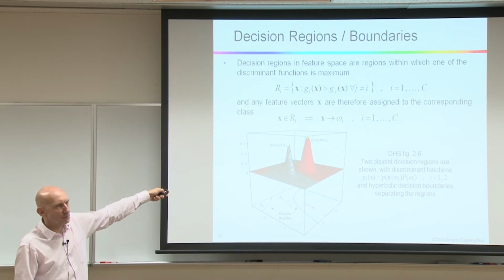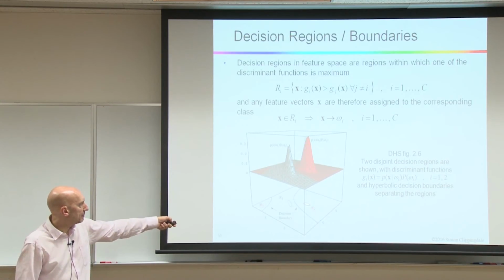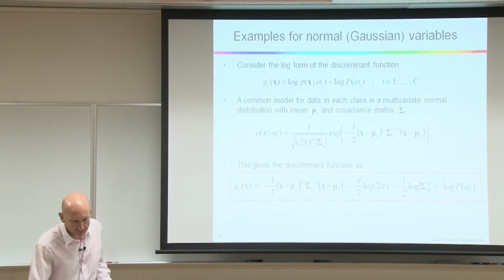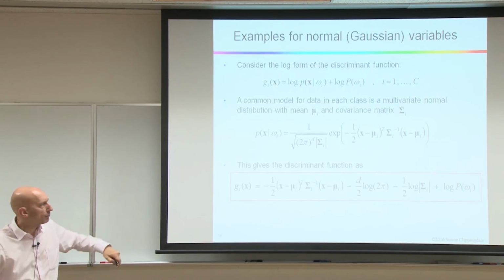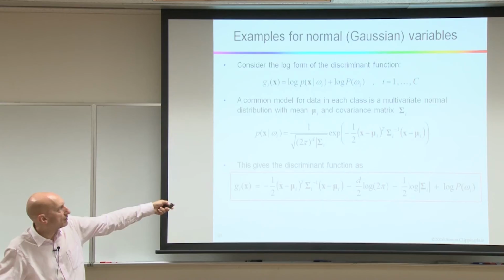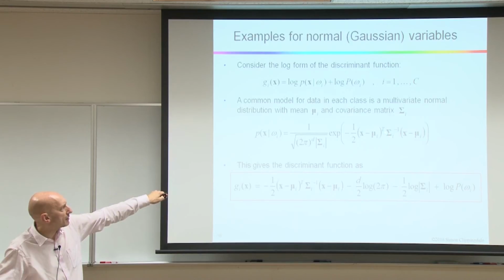For a Gaussian, that's the mean as well. And the shape of this ellipse represents the scatter of the data. In mathematical terms, the scatter of the data within each class is expressed by this thing here. This sigma i is the covariance matrix that we met earlier when we were looking at PCA. So this is the covariance matrix for the ith class.